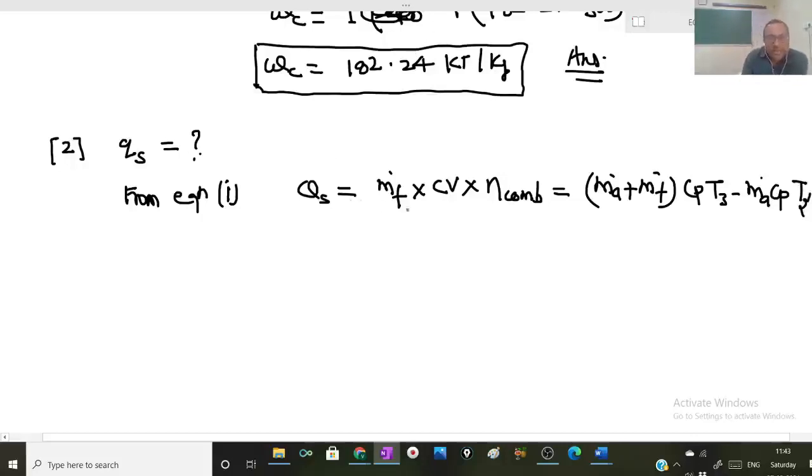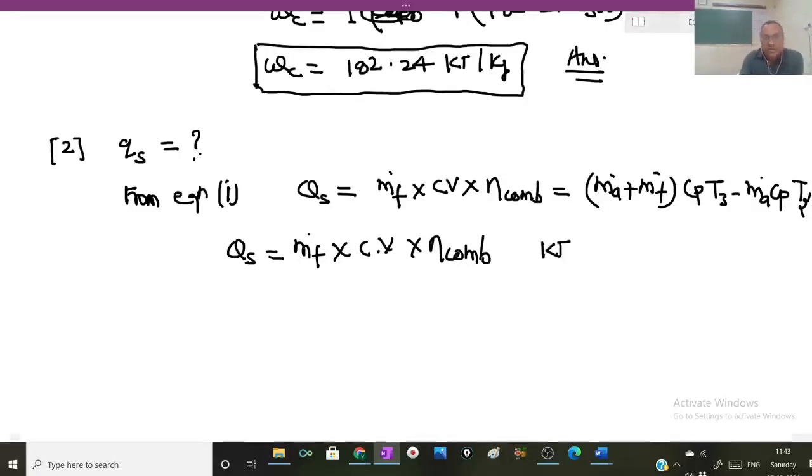Now let us say I am considering this expression, Qs is equal to m dot F into Cv into eta combustion. The unit of this heat supplied will be kilojoule, but I want heat supplied in kilojoule per kg.